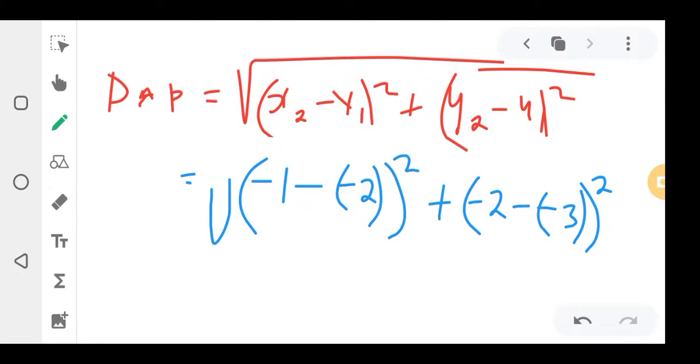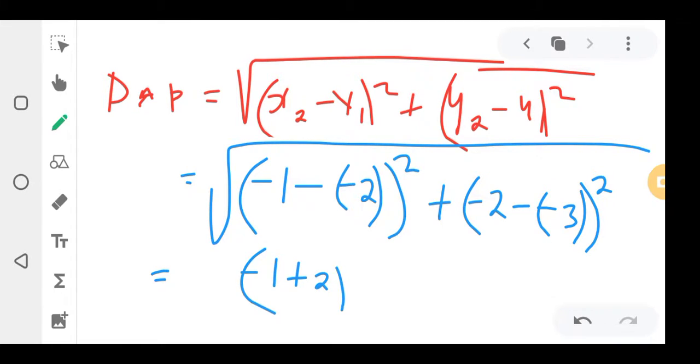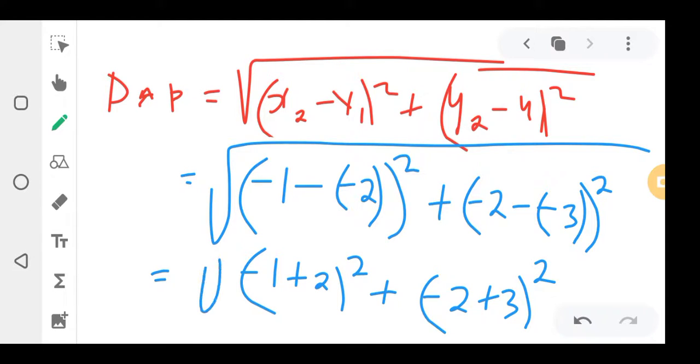And then there's another square root on top. People forget to put the square root on top. That is equal to negative 1, these two negatives make a positive, squared, plus negative 2 plus 3 in brackets squared, and there's a square root on top.